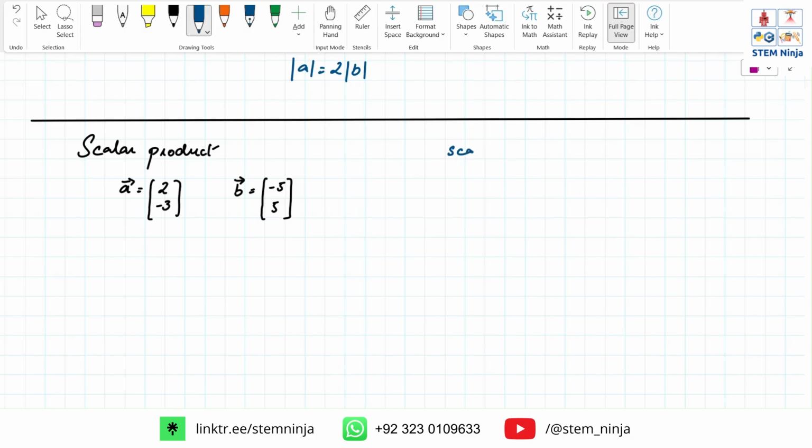So the scalar product depends on the angle between vectors.